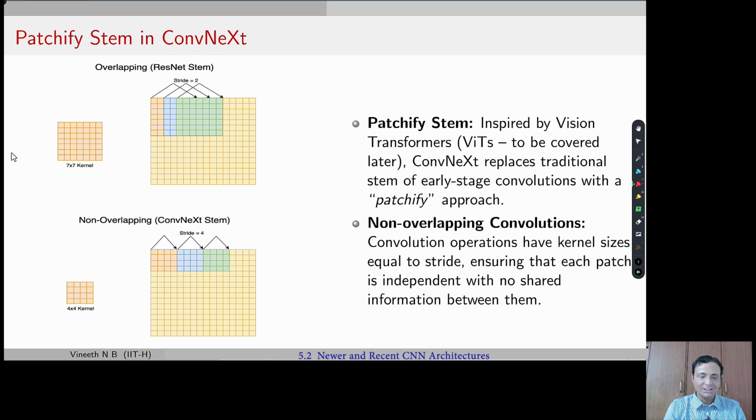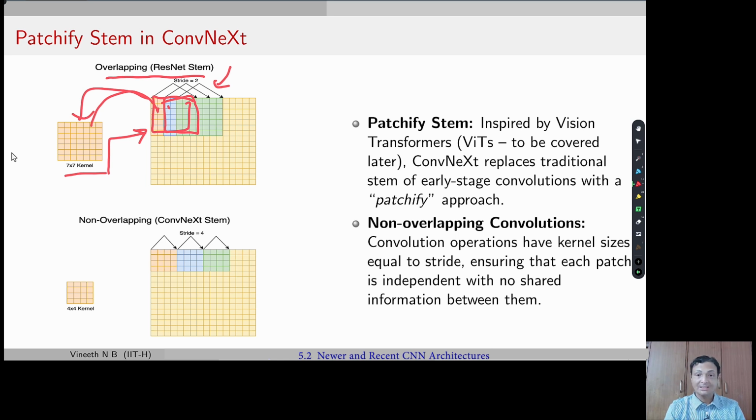Here are some of the key changes in architecture elements of ConvNeXt. One of the key elements of any convolutional neural network architecture, including ResNets, is a convolutional kernel that's applied with overlapping windows on an image. Generally, the stride used is less than the width of the kernel, which means that when each kernel is placed on a particular location on an image, there is overlap between successive placements of the kernel.